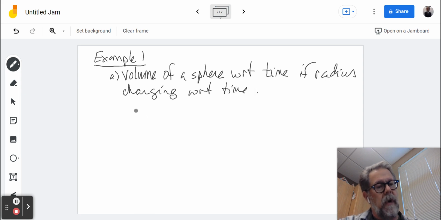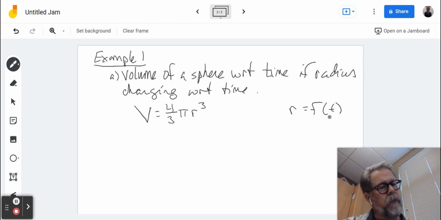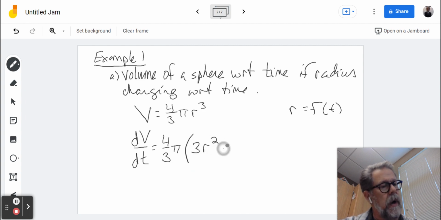So first off, I know that the volume of a sphere is 4/3 pi r cubed. I know that r is a function of time. And so the rate of change of the volume with respect to time is 4/3 pi times the derivative of r cubed, which is 3r squared, times the rate of change of r with respect to time.